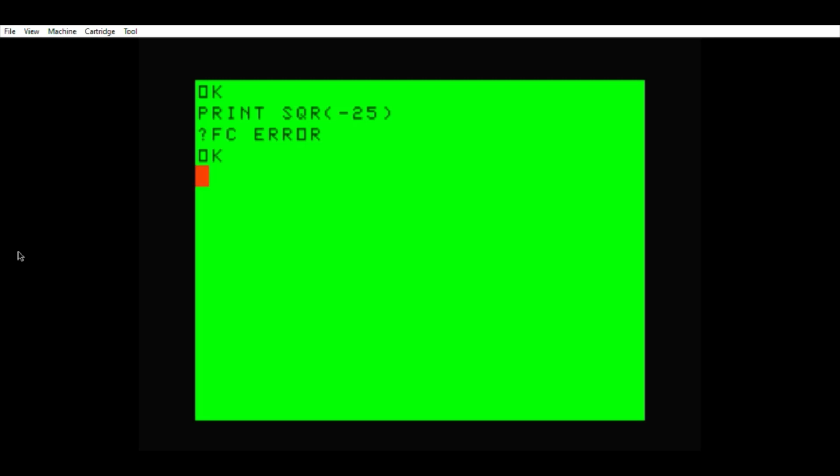So let's see. Now I showed you how to raise it to a power, and I showed you how to find the square root. But the problem is we can't find negative square roots. But the computer does recognize the difference between negatives and positives, because if you multiply negative 25 times 2, the answer should be negative 50, and it is.